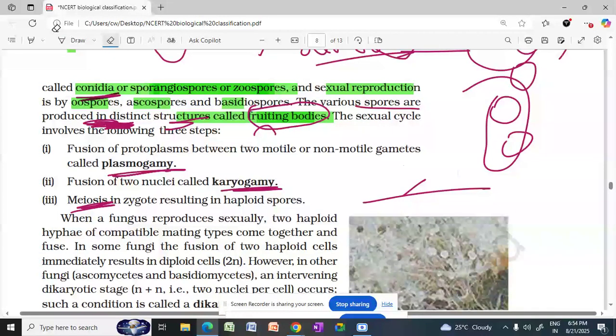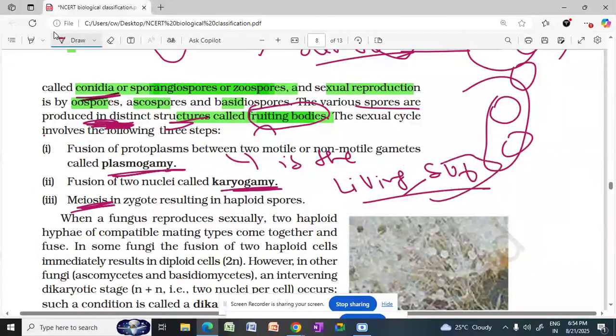And what is protoplasm? Note it down. Protoplasm is the living substance within the cell. What is the living material within a cell?